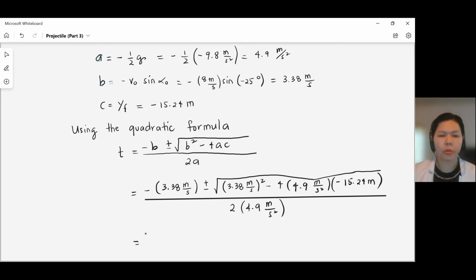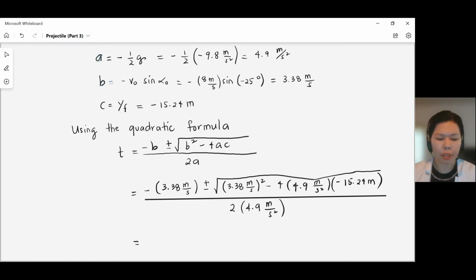At this point, you obtain two answers for t. The first t, or t sub 1, is obtained when we use the addition operator, the plus of the plus minus in the numerator.